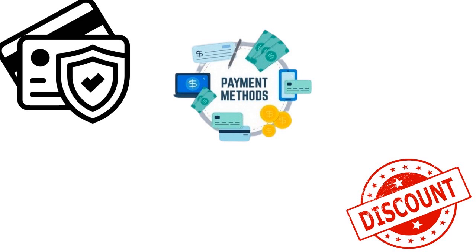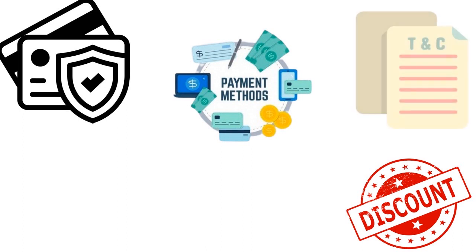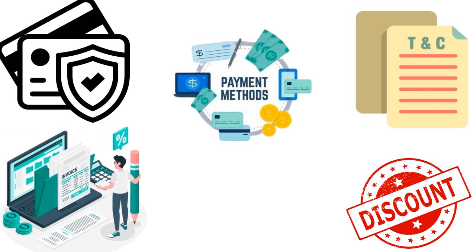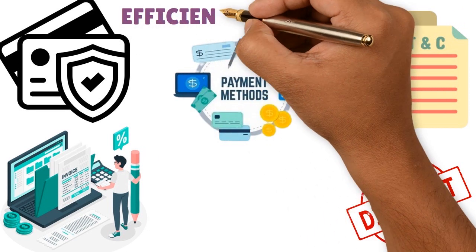Also, you want to really integrate late payment penalties, so you can communicate any late payment fees to motivate clients to pay on time. You also want to include terms and conditions, so that things like refund policies and other relevant terms and conditions are on the invoice.